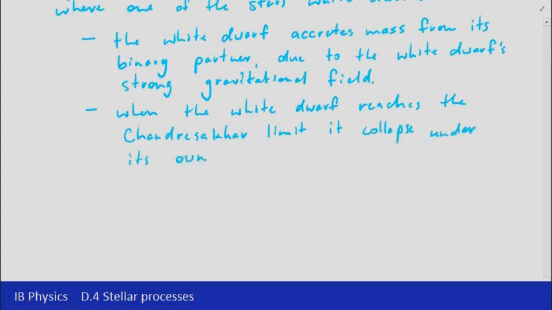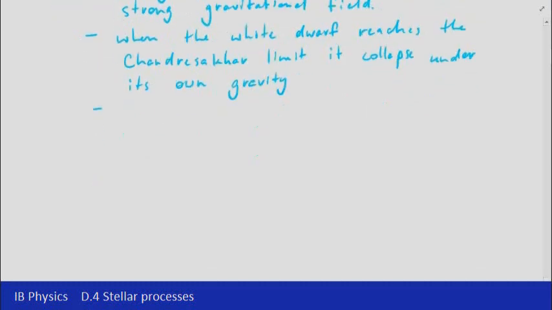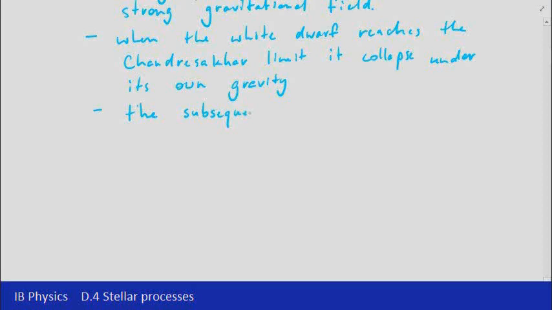Now, if you think about this situation, there's no fusion going on here, so there's not a whole lot of radiation pressure. The large gravity is going to cause the white dwarf to collapse in on itself, and as it collapses, that's when we're going to see some more fusion occur.